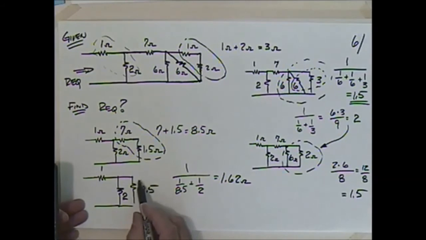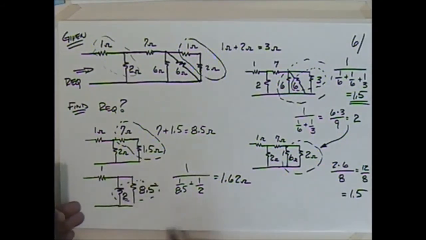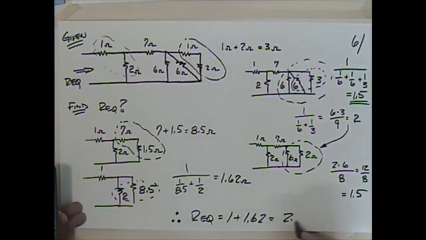So that's what that turns out to be. And the equivalent resistance then would be equal to 1 plus 1.62, which is 2.62 ohms.